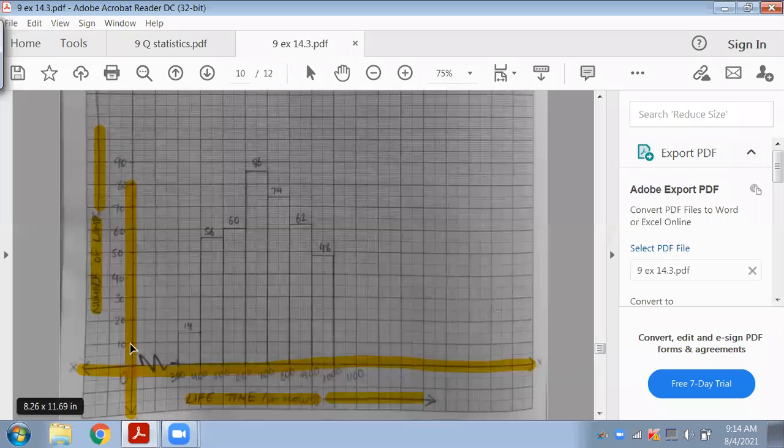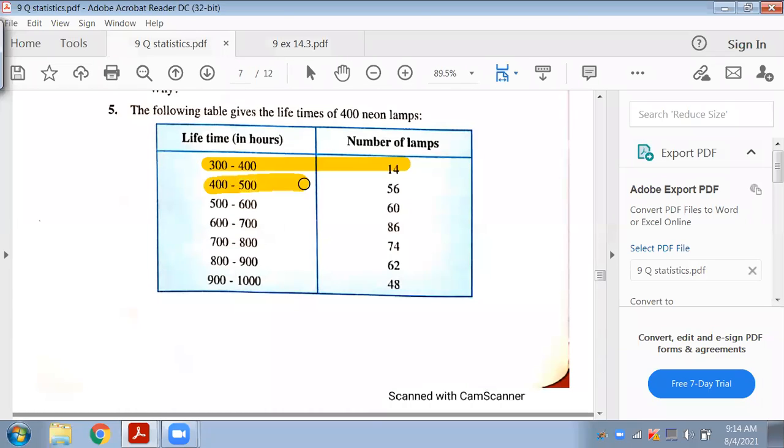Now we have taken 1 cm as 10, so one small line will be 1, so 10 is here. So from 10, if you take the fourth line, that will be 14, and then draw the bar. Then next class interval is 400 to 500, and the frequency is 56.